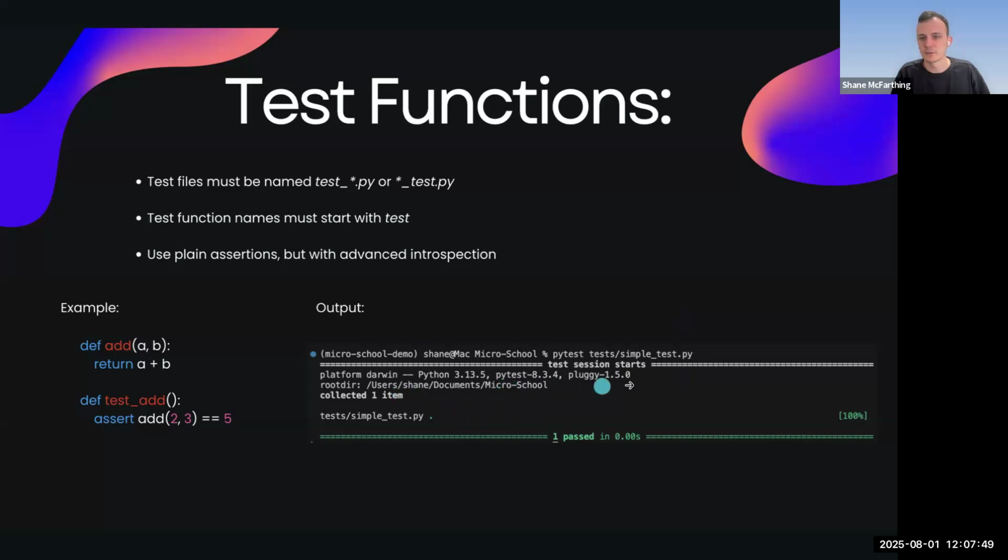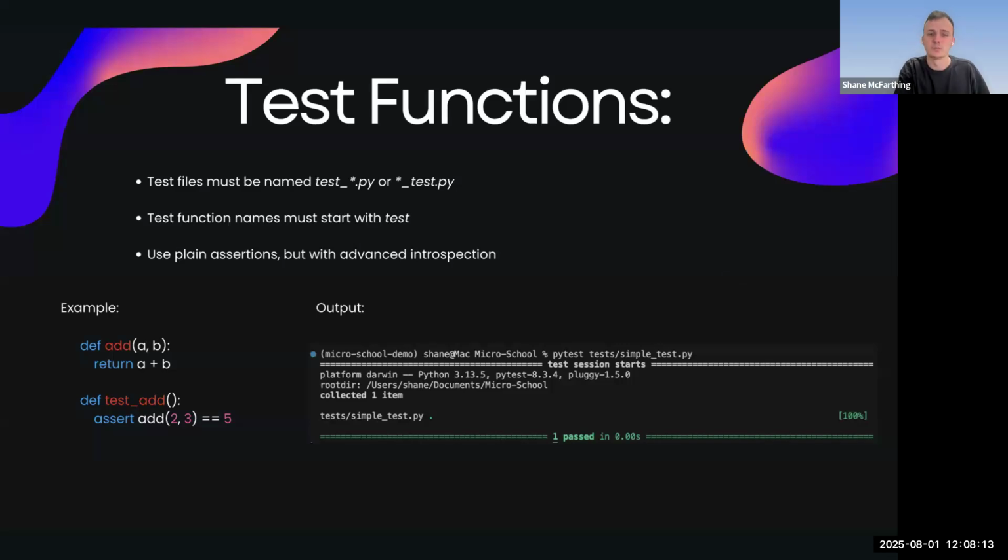It describes the platform that the tests are running on, what the root directory is, and then it says it collected one item. There's one test, one test file there, and then there's a dot, meaning that there's one test function that was run and it passed. And it explains in our summary at the bottom, one test passed in 0 seconds because it was negligible time.